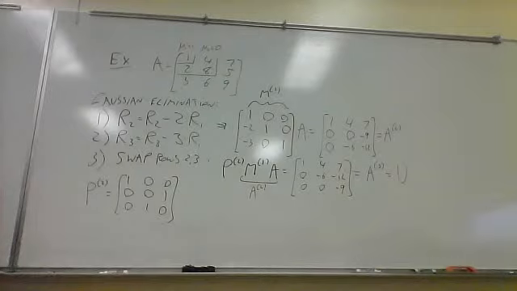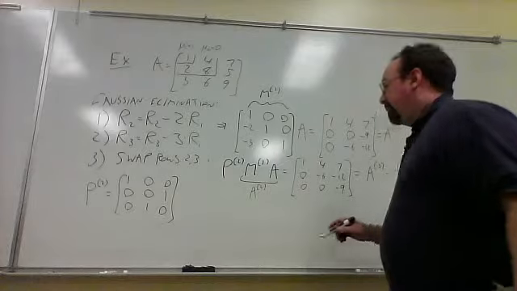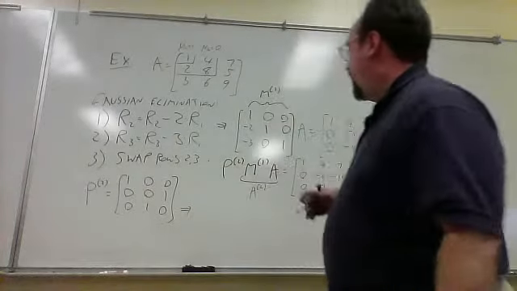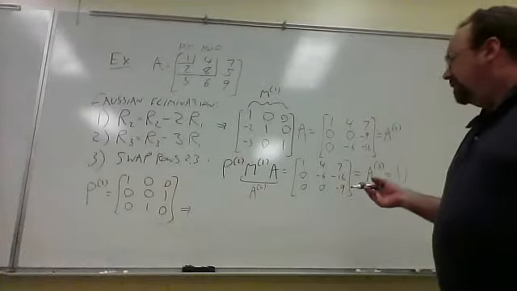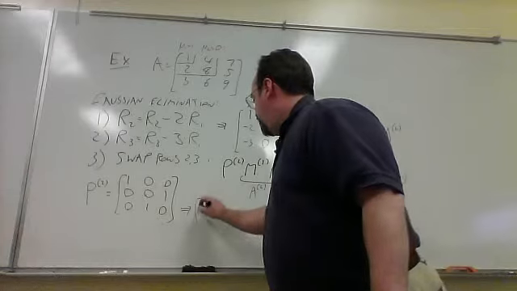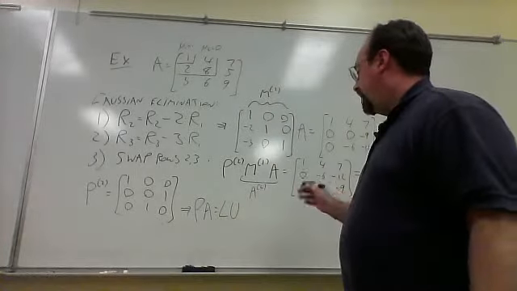All permutation matrices are orthogonal. Okay, so now, as a result of all this, we have our LU decomposition of the permuted matrix. PA is equal to LU, and now I can write out what everything is.